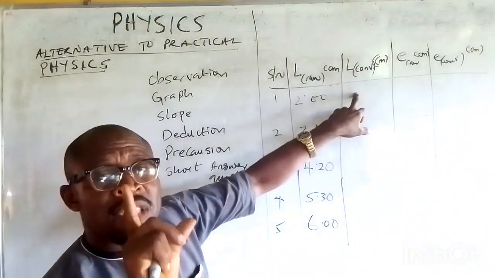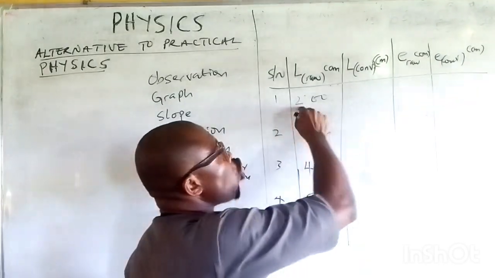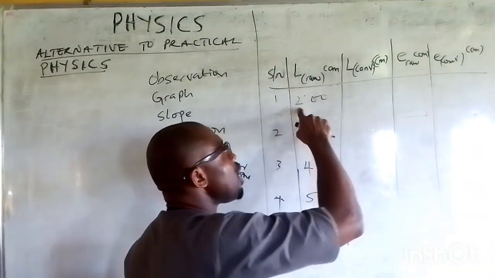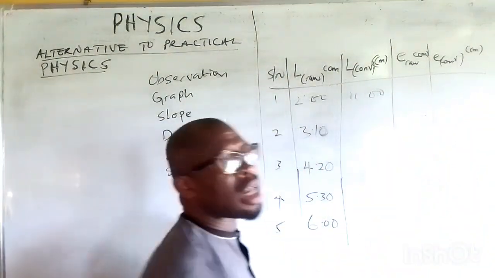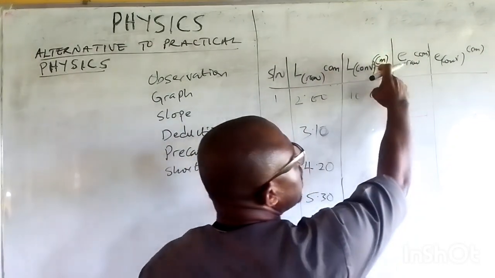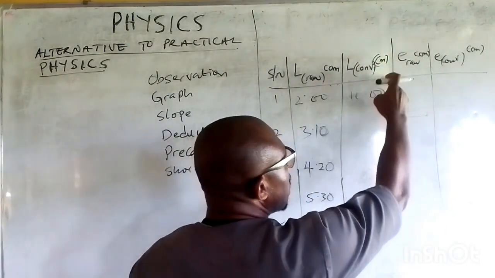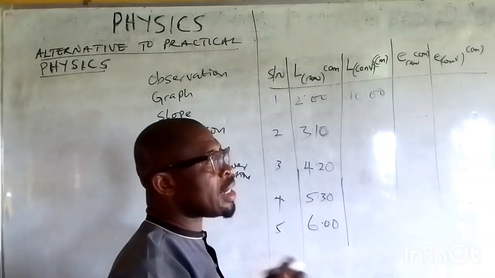Having gotten this one as 2, multiply this one by 5, and it will give us 10 Newton. So in that case, make sure this unit is clearly written, please, and obey it.